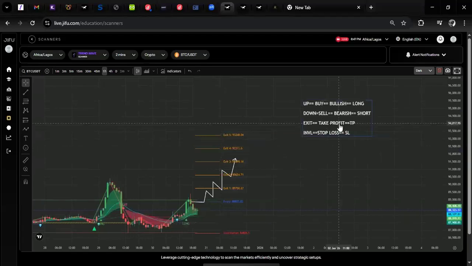In order for you to take your profit, the market has to move from here to here. It has to move upwards. And you know that a market that goes upwards is a what? A buy market. So this is exactly how you get to know that this trade is a buy setup.